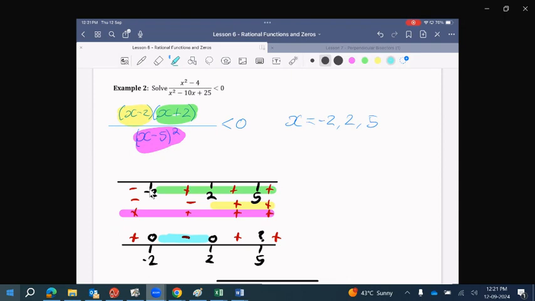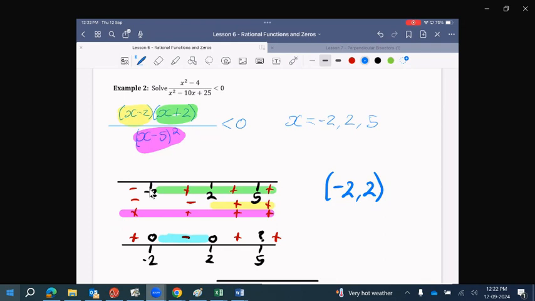So between these two poles here, we want from negative 2 up to and not including positive 2. Why don't I use the square brackets here for this one?